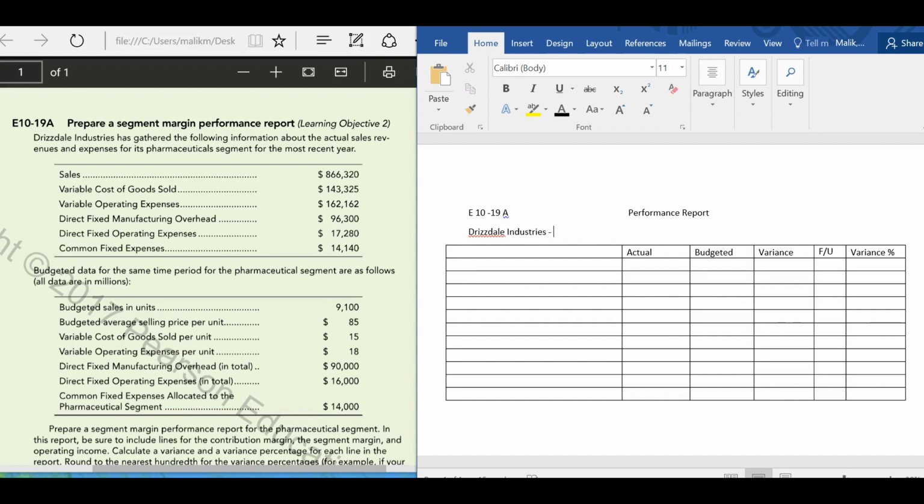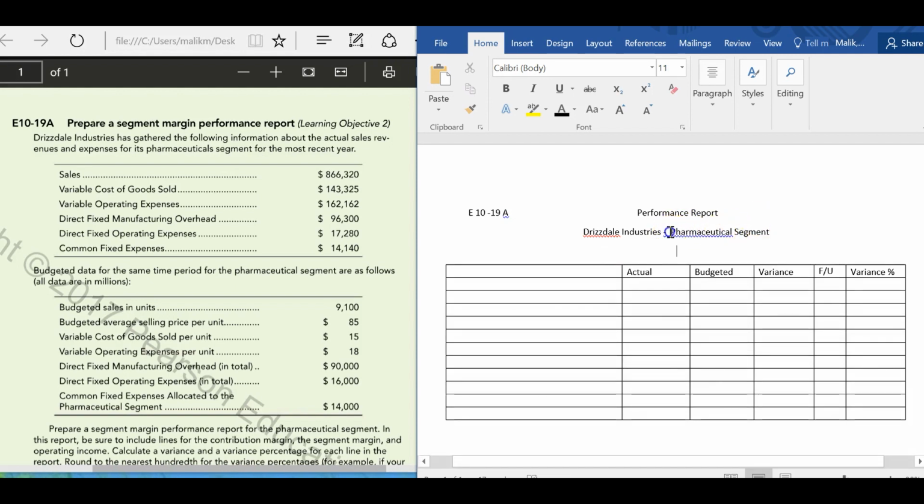You can also write down the name of their segment. They probably have different segments, and the segment that we are doing now is the pharmaceutical segment. That's the segment we are now evaluating. If you want, you can also write down the performance year you are evaluating.